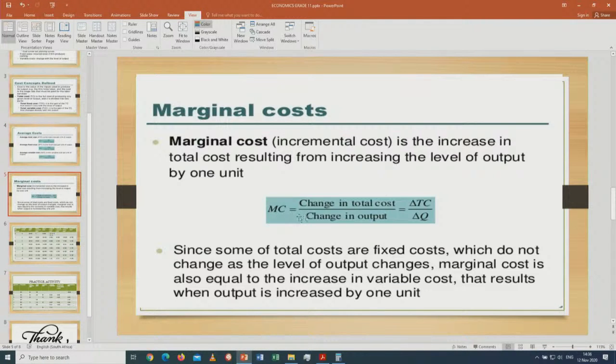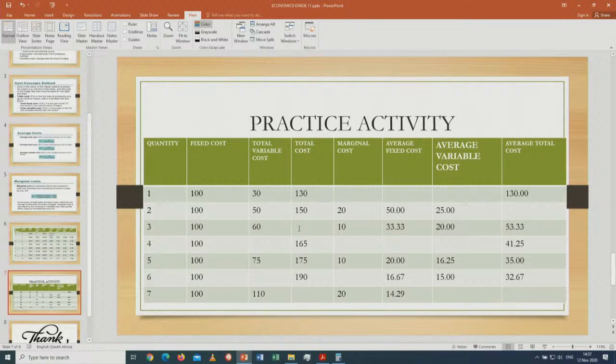We said the marginal cost is the change in total cost divided by a change in the output. The change in total cost, there is the 130, but we didn't have anything before this, and then we are producing one quantity of whatever item we want to name.